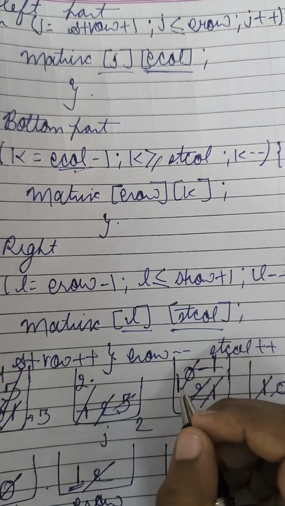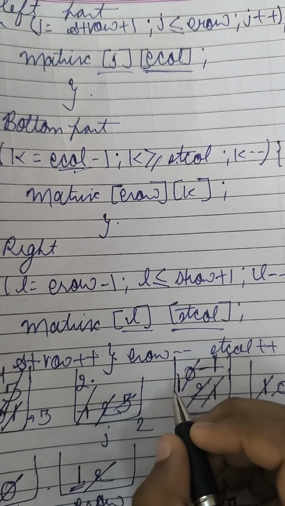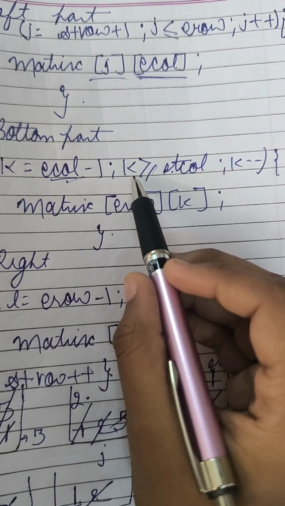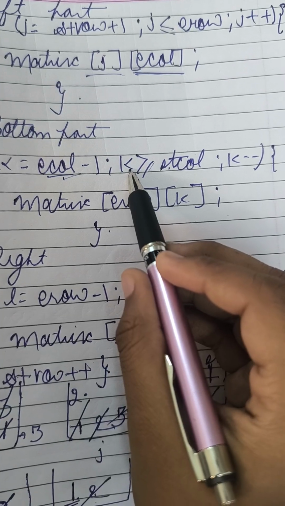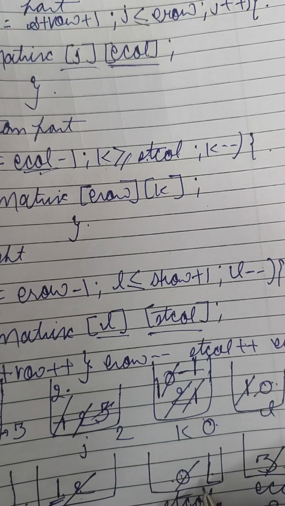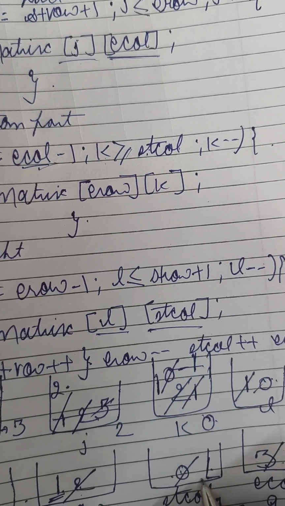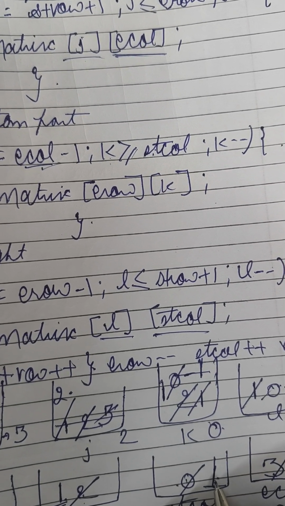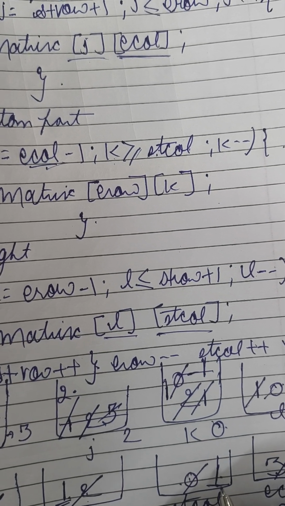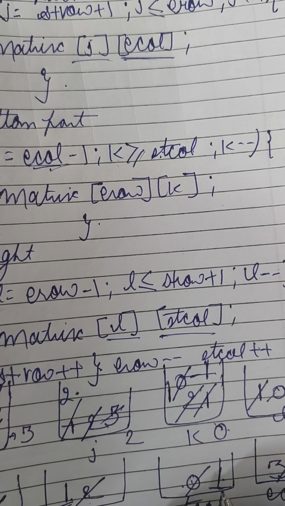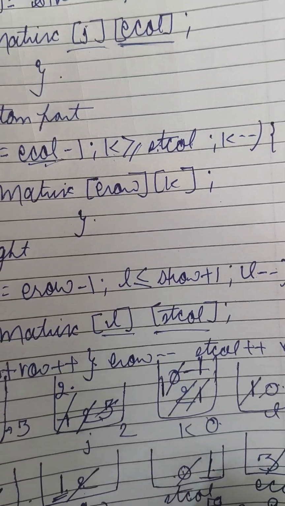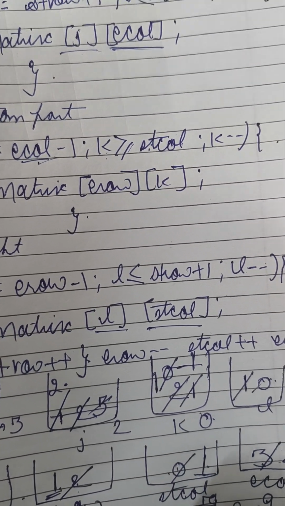When end column becomes minus 1, it has become 1, and the condition applied is that end column is always going to be greater than or equal to starting column, right? So check the starting column, which has also become 1. So 1 is greater than or equal to 1, right? So the bottom part is again going to be printed over here, and it will again print 12 and 11. The element got repeated.